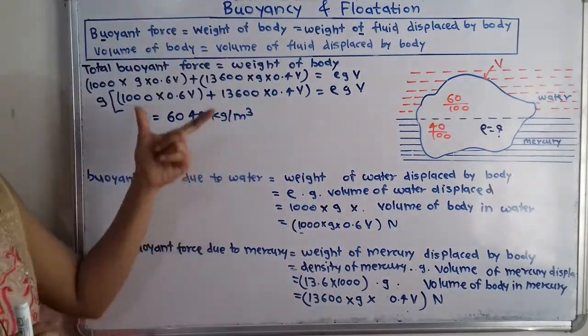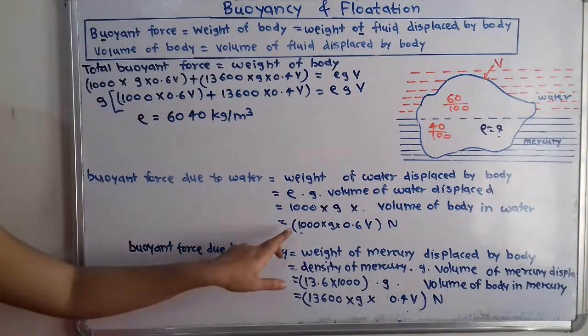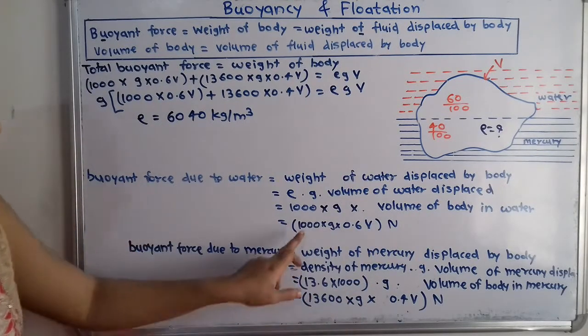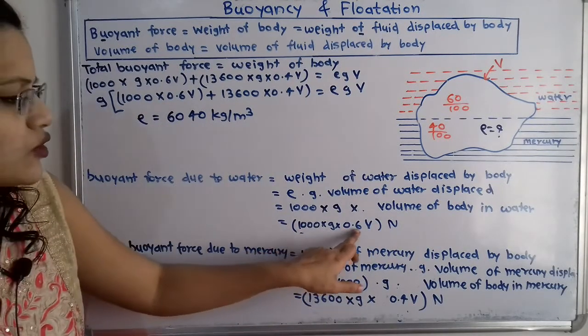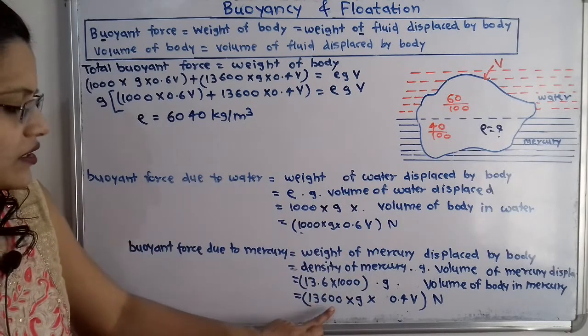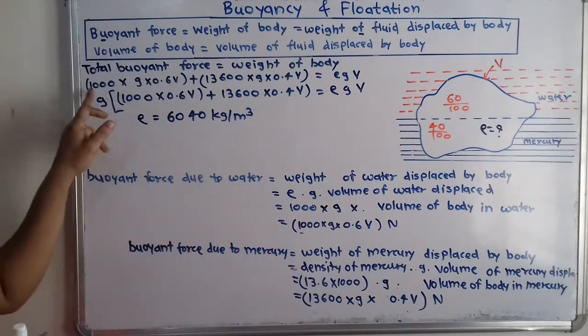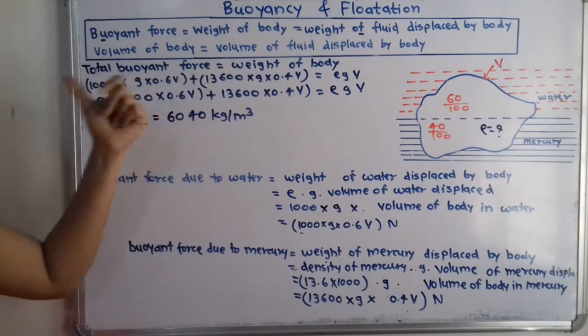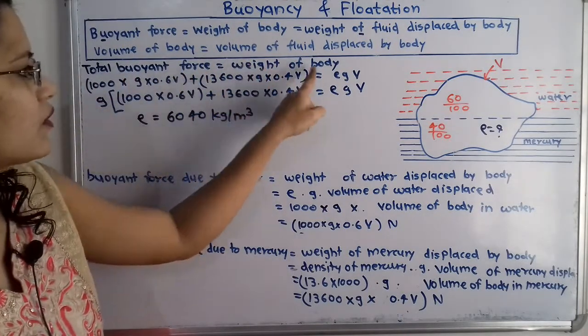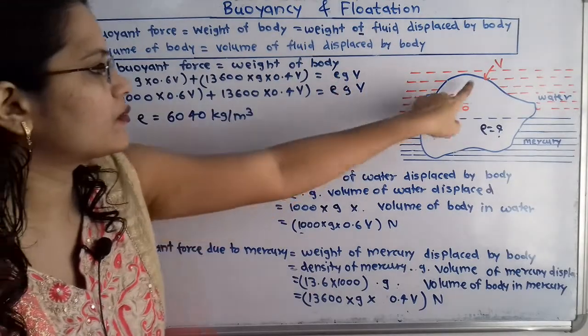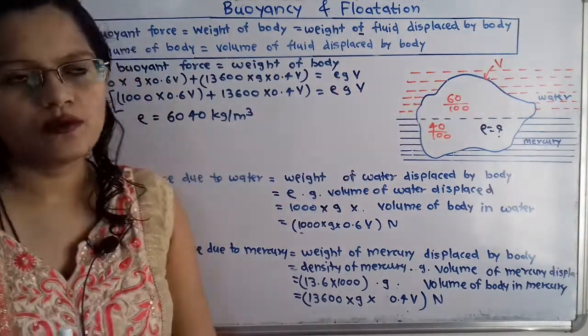So the total buoyant force, on the left hand side, is 1000 into g into 0.6 V plus 13,600 into g into 0.4 V, which is equal to the weight of the body, that is rho into g into V, because V is the volume of the body.